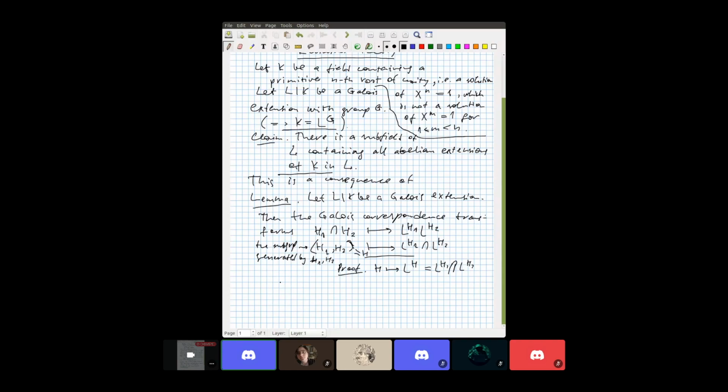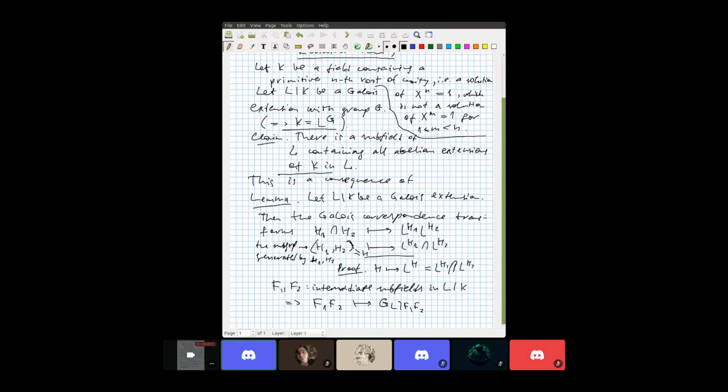If we have K and F1, F2, and so on, intermediate subfields in our Galois extension, then the compositum goes to the automorphisms of L over this compositum.